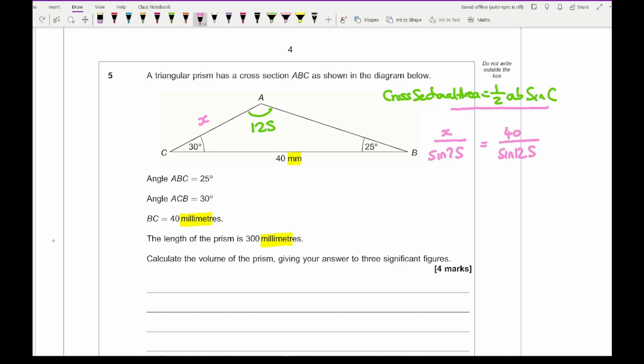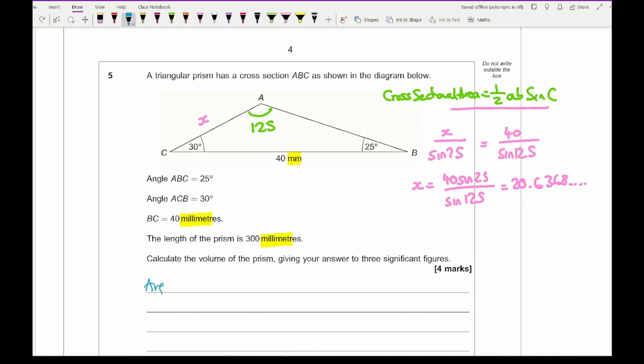Then cross multiplying, x equals 40 sine 25 divided by sine 125, and that gives me an answer of 20.6368 and so on.